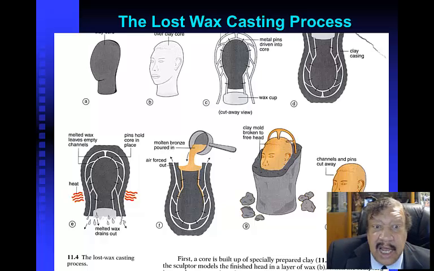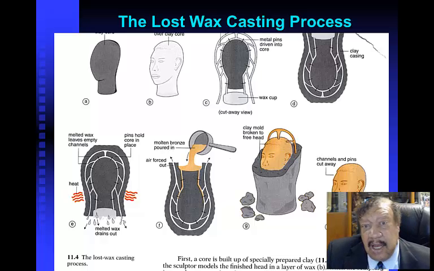Then they take it and they get gold or metal, and they put it in a liquefied form and pour it in. And then they let it dry. And then when it's dried, they can take almost a hammer and knock the clay from around it. But inside, you have a cast piece of permanent sculpture.